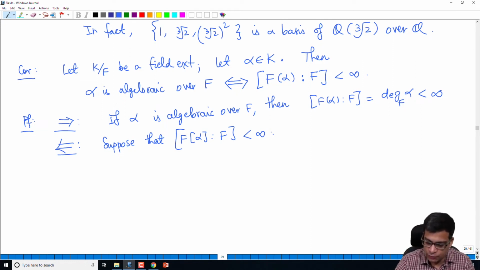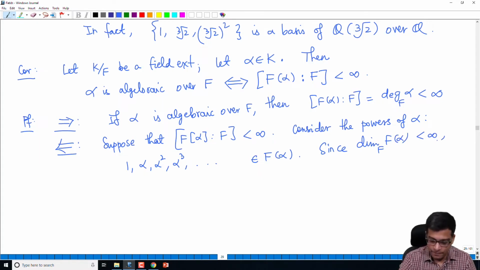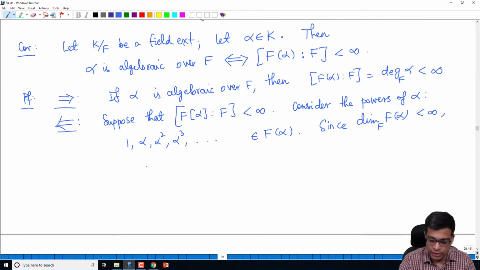So in this case what we do is consider the powers of alpha. In other words, I consider alpha to the 0, which is 1, alpha, alpha squared, alpha cubed, and so on, right? These are all in F(alpha). Since the dimension of F(alpha) as an F vector space is finite, this set is not linearly independent.